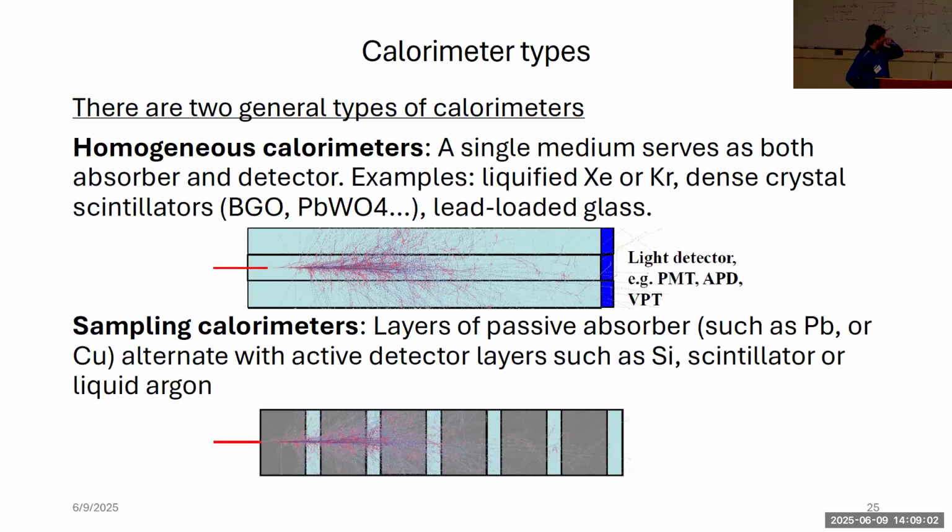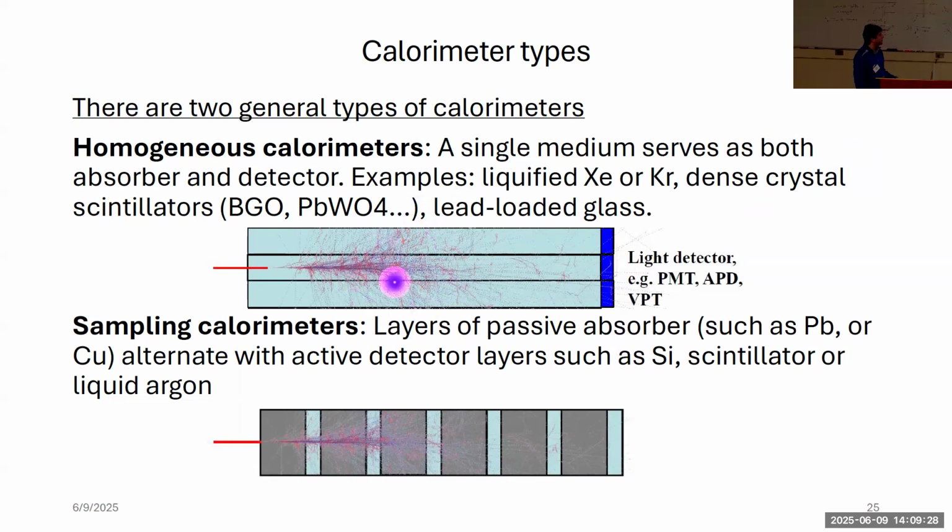For example, you can have scintillating crystals, which have small enough radiation lengths that they will generate a shower but also produce scintillating light. You can also have lead-loaded glass, which will produce showers but also Cherenkov light, which can be detected.